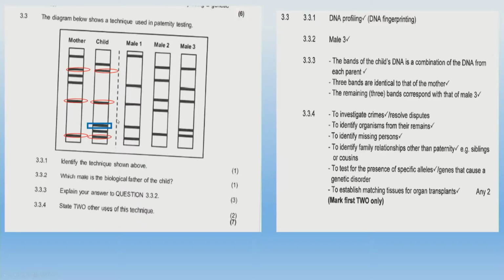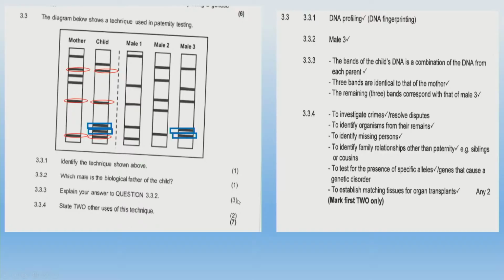So in this case, this one and this one and this one and this one compare with the male, and this one also compares with male 3. So male 3 is the father. But look at the allocation of marks. How many marks are allocated?